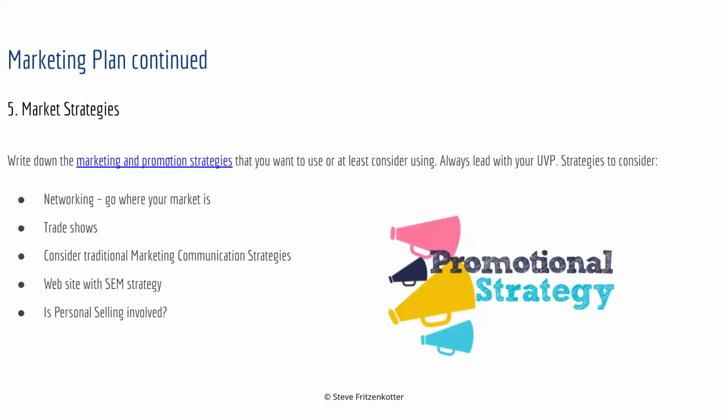Number 5 in the marketing plan, the 5th element, which we will handle in week 3 or 4, right around there, is the marketing strategies. And we're going to be looking at how we promote, actually, this might be week 5, but anyway, we're going to be looking at how we promote the business.